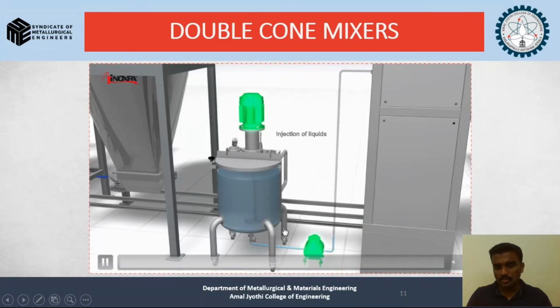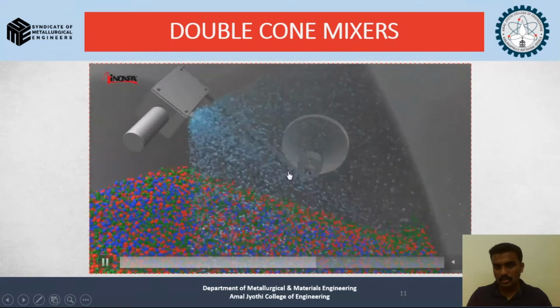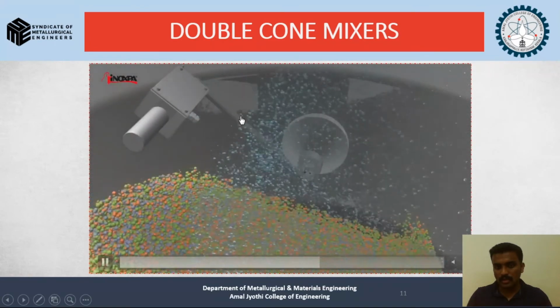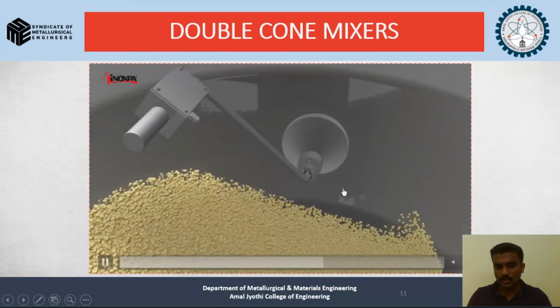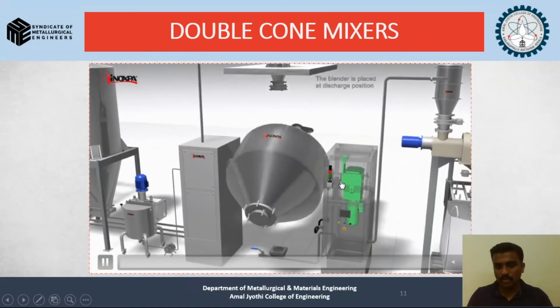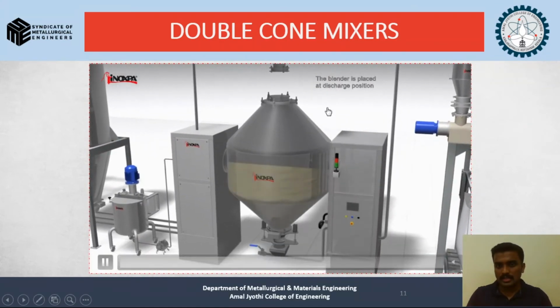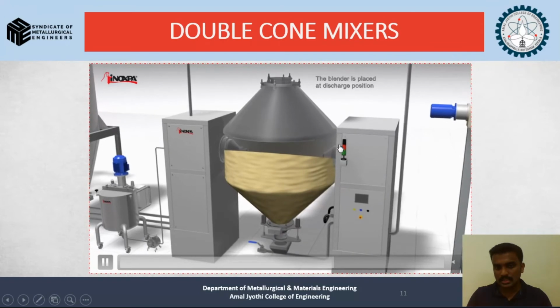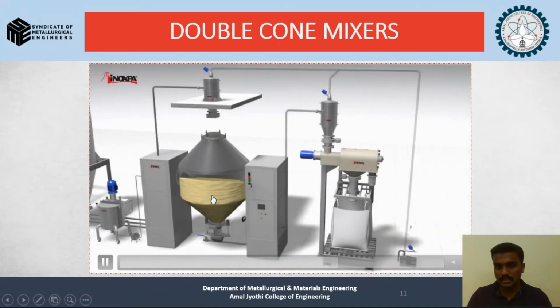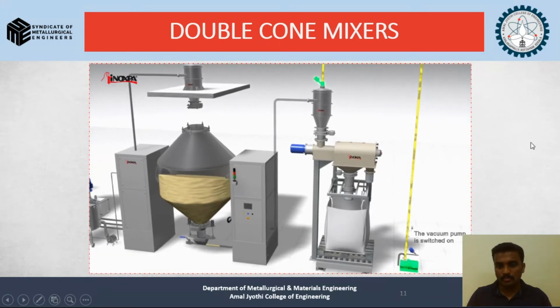So when it comes to the wet process, we are injecting liquid. As we mentioned earlier, we are intentionally injecting liquid in order to make the process finer. The blender is placed at the discharge position. This is the discharge position, and the final mix is being discharged to this particular outlet. Again, the vacuum pump is switched on.